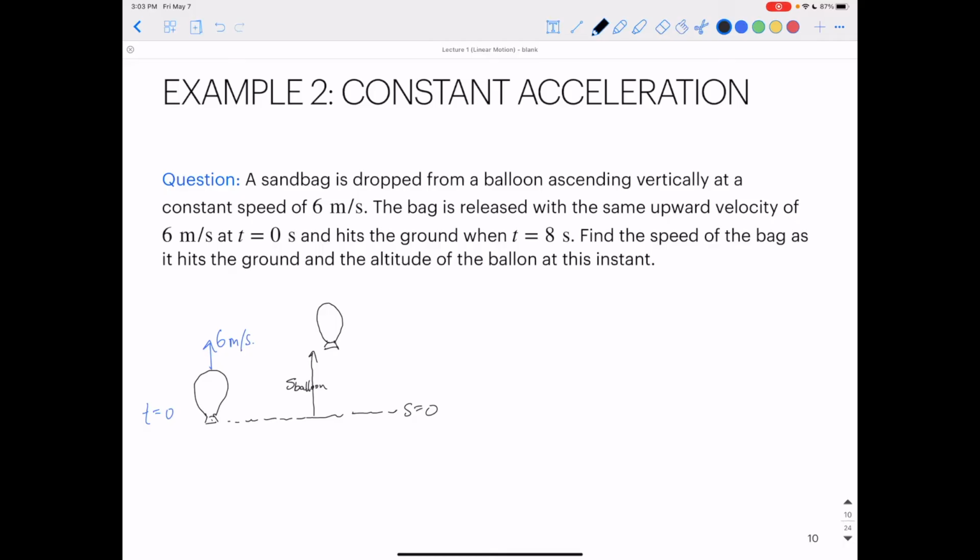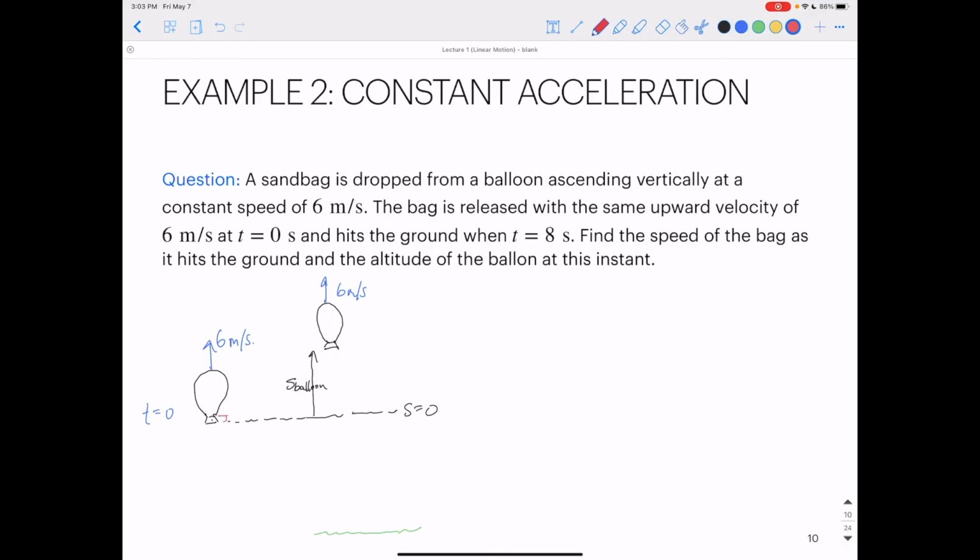And right at the beginning instant, the balloon dropped the sandbag, and that dropped down to the ground, and it took 8 seconds to get to the ground. So let's try and draw our sandbag here.